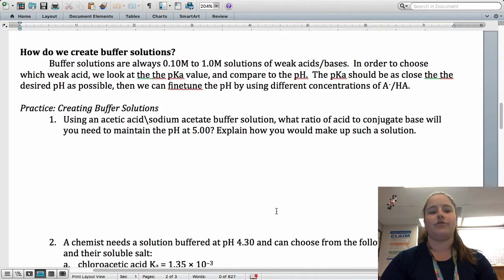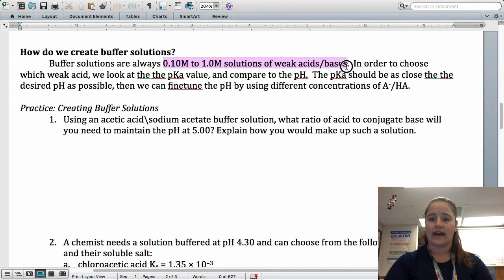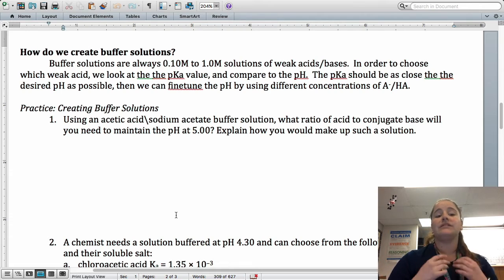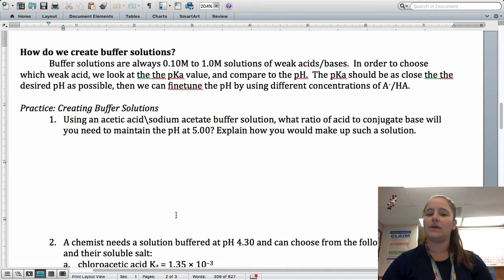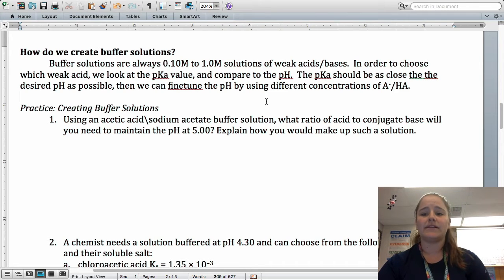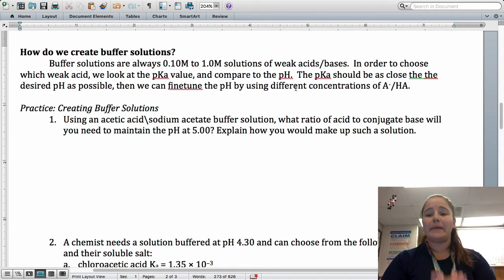So let's start with creating buffer solutions. Buffer solutions are always prepared from pretty dilute solutions of weak acids or bases. In order to decide which weak acid, we look at the pKa value, typo in the notes, and compare it to the pH. We want the pKa to be close to the desired pH.